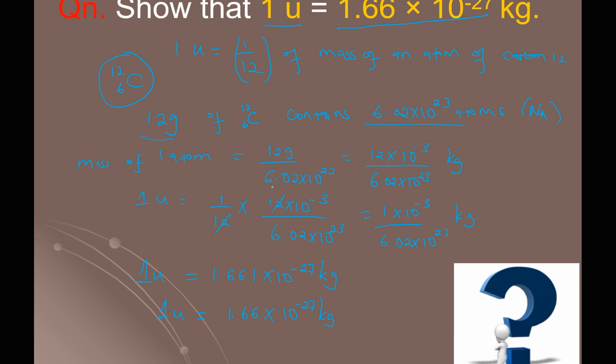Then we substituted in the definition of the atomic mass unit as being a 12th of that mass, which gives us 1.66 times 10 to the power of minus 27 kilograms as required.